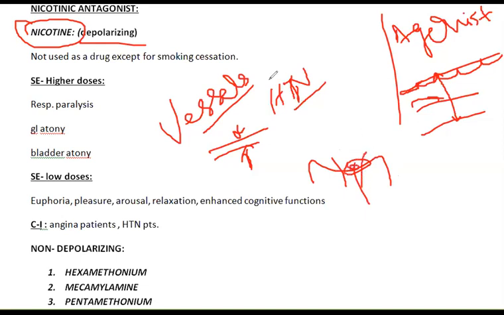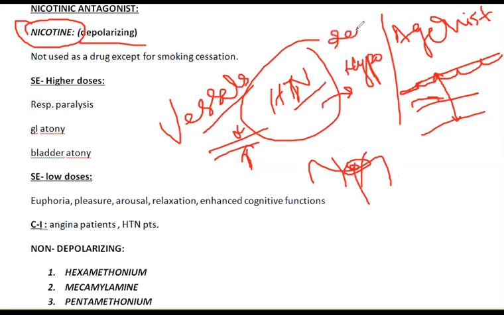And after some time, the hypertension will be converted into hypotension. That hypotension will be really severe, and it can even lead to cardiogenic shock. But very few people undergo this. You should remember, severe hypotension is a side effect because of its vasoconstrictive effects.